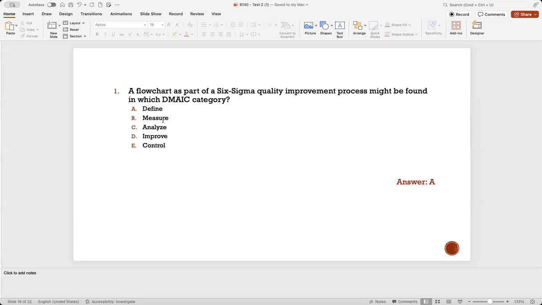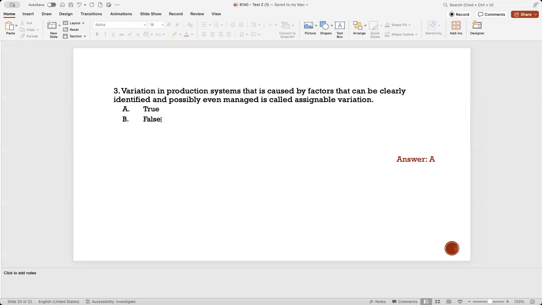And the second question: the variation in a production system that is caused by factors that can be clearly identified and possibly even managed is called assignable variation. It's true. Any variation you can identify, and then manage and control, is what we call assignable.